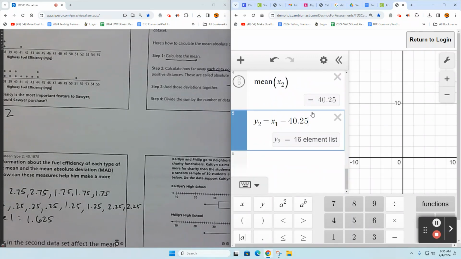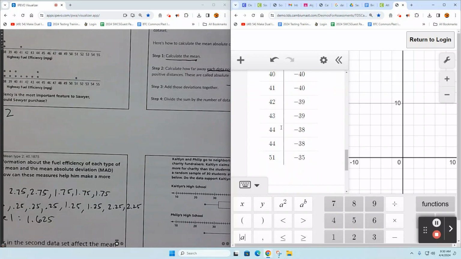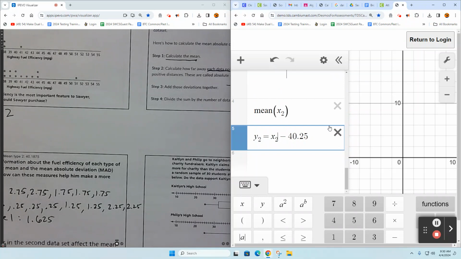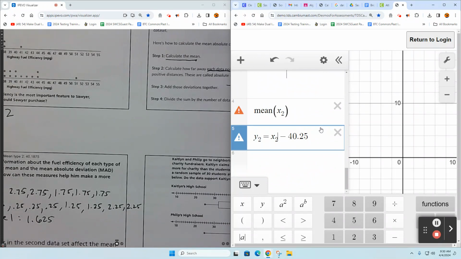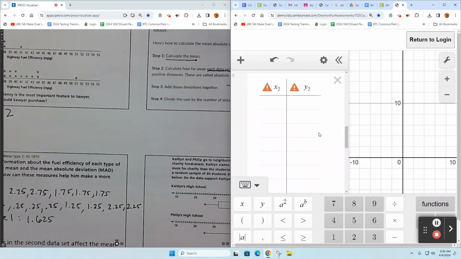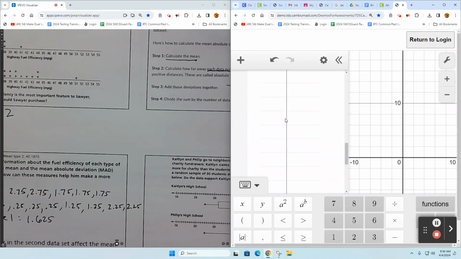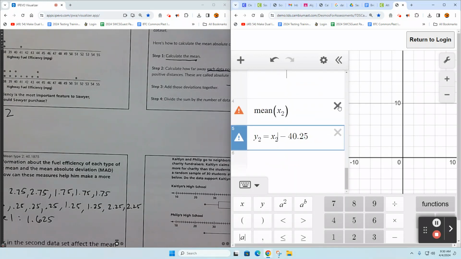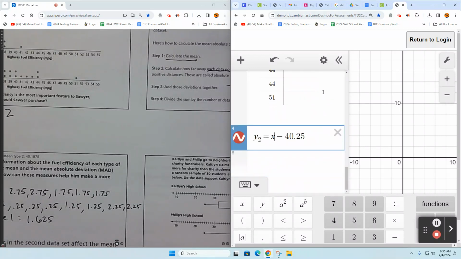Wait, that messed up, didn't it? Oh, I did the wrong one. Okay, there we go. I thought that was going to work. No, it's Y2. Didn't like that I did that. What if I do that? No. It's weird. It lets me pull from that, but not from the other.